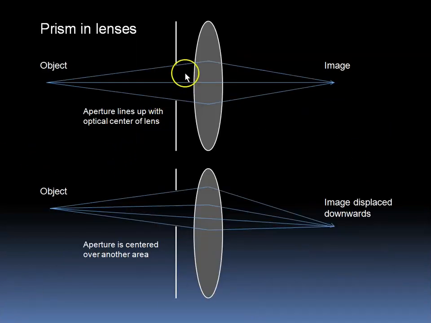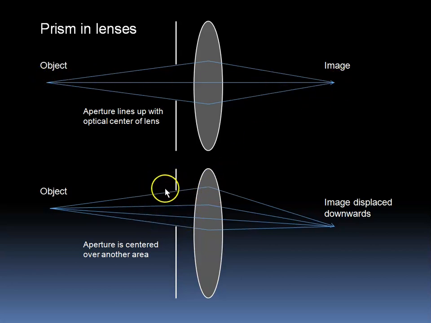Lenses can have prismatic effect where the aperture is not located over the center of the lens, as here. When located over the center of the lens, the object is refracted, the image rays are converging and reach an image point which is in line with the object along the horizontal.